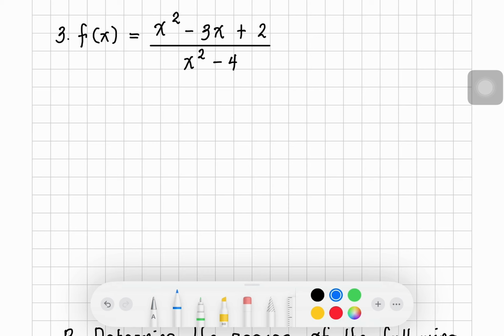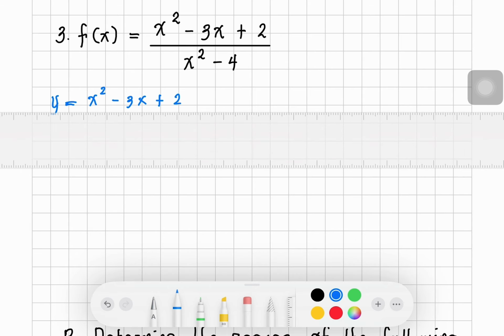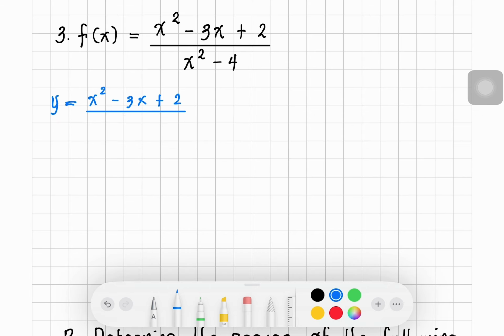So dito, pwede ko siyang isulat as y equals x squared minus 3x plus 2. Okay? And then, write x squared minus 4.